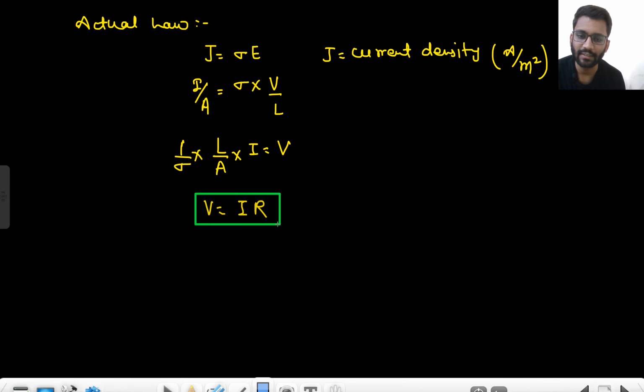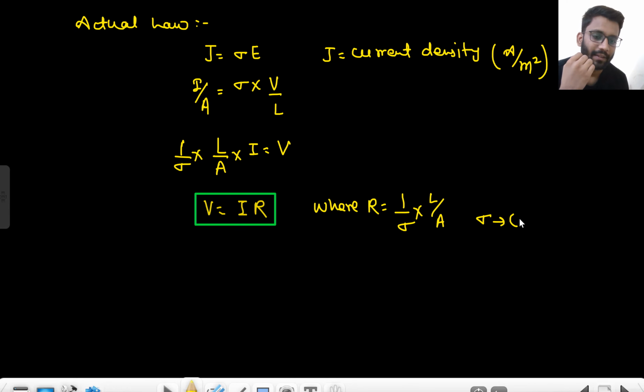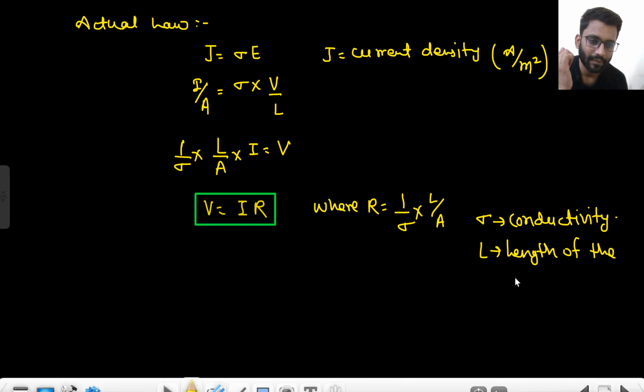From this expression we get this, where R is 1 upon sigma into L by A. Sigma is the conductivity, L is the length of the conductor, and A is the cross sectional area of the conductor.